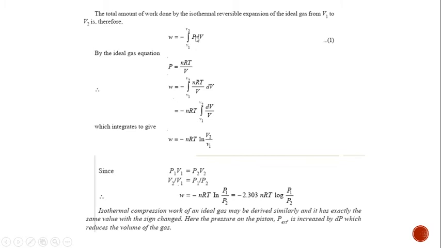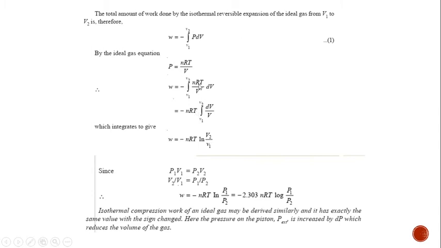As you know, by using the ideal gas equation, the value of pressure is P equals nRT over V. Putting the value of pressure in equation number 1, we have W equals minus the integral from V1 to V2 of nRT over V into dV.